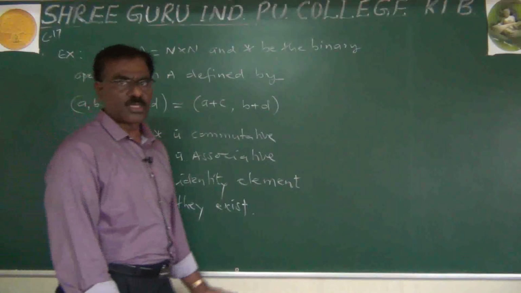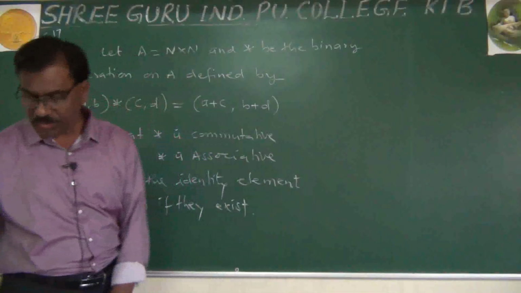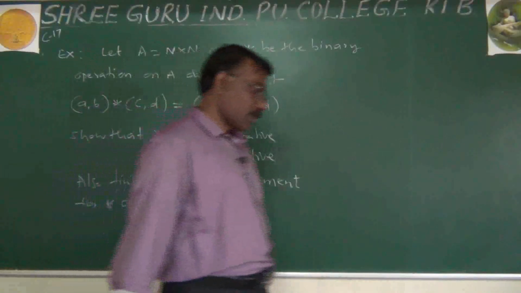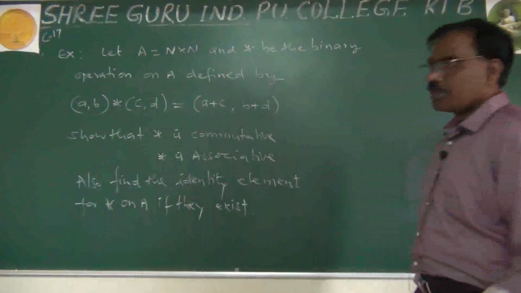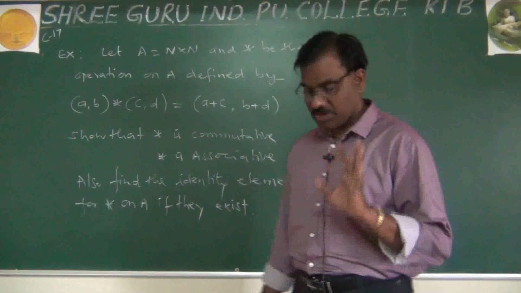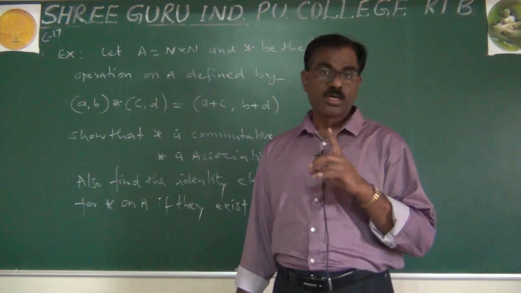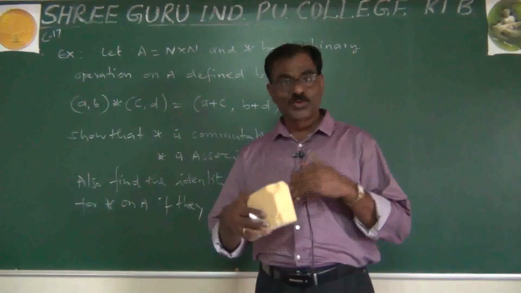So if it exists means the identity; if it does not exist, it does not. For existence, the identity must belong to the natural numbers. So it is very simple. In binary operations, commutative and associative are very simple. Even for associative, you should take x and y.